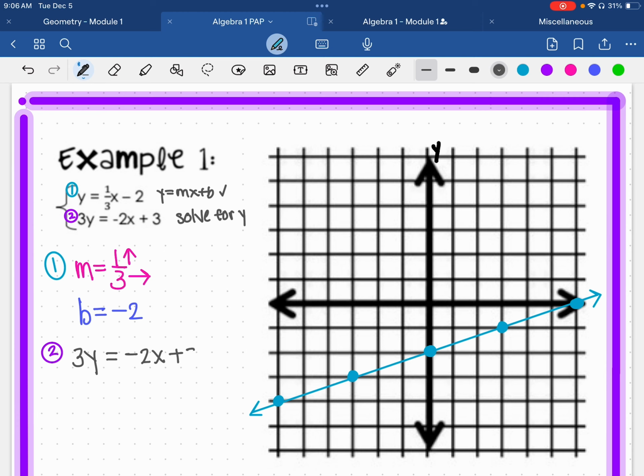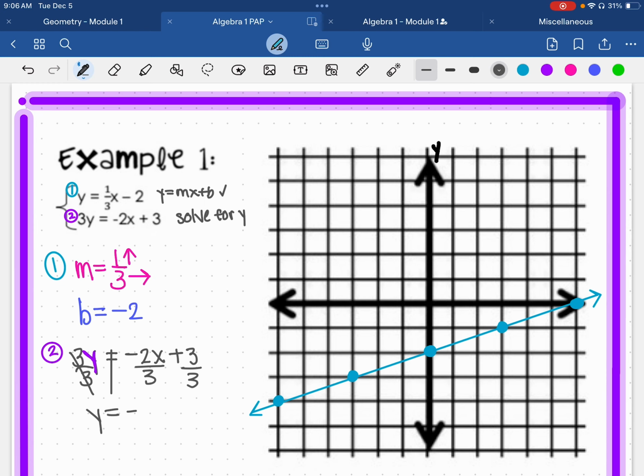Just a quick reminder for myself. I can see by coloring in the y that I only have to get rid of that 3. Remember, when there is a number in front of a variable like y, all I have to do is divide to get rid of it. Everybody's getting divided by that 3.